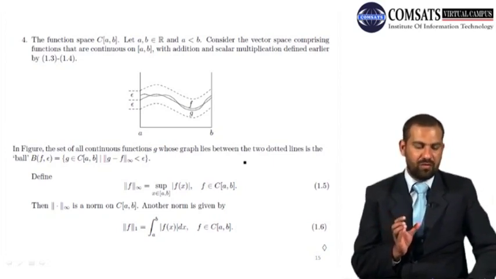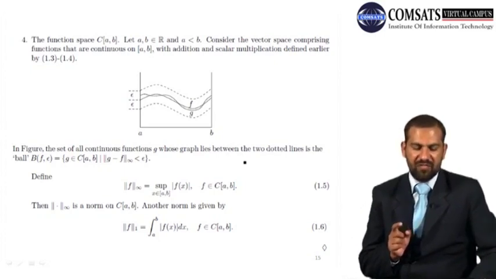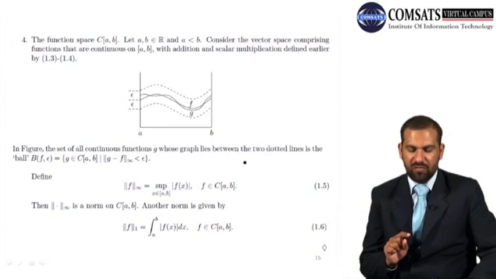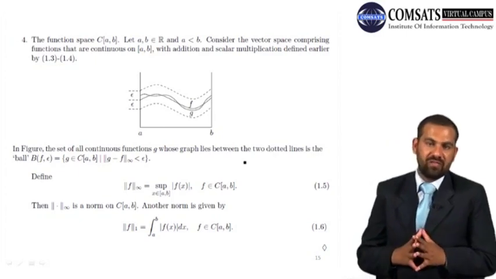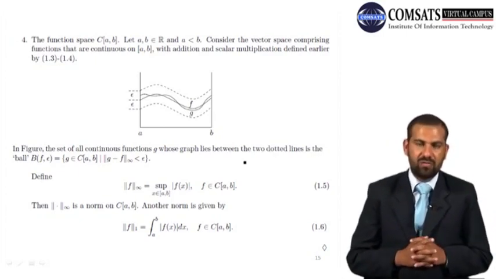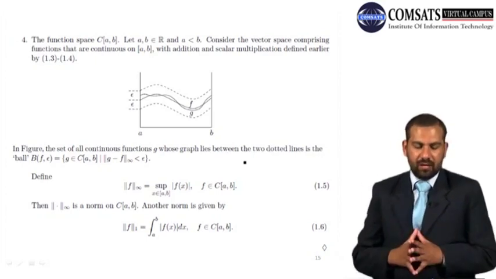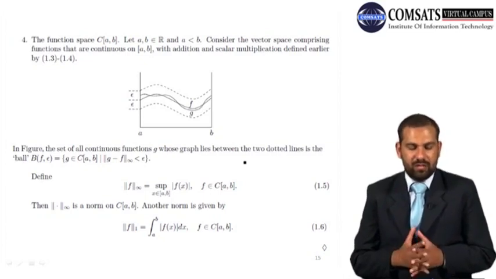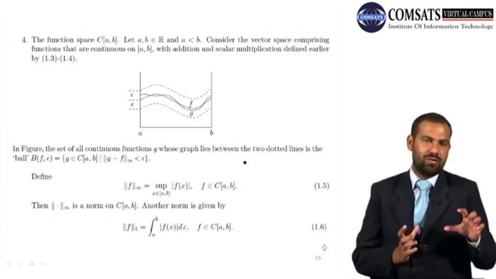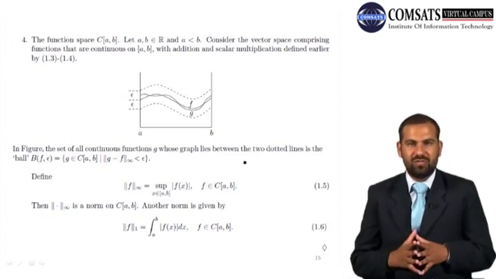Now in this way we define the infinity norm: the norm infinity of f is the supremum over x in the closed interval [a, b] of the absolute value of f of x. This infinity norm is a norm on the collection of all continuous functions defined on the closed interval [a, b].